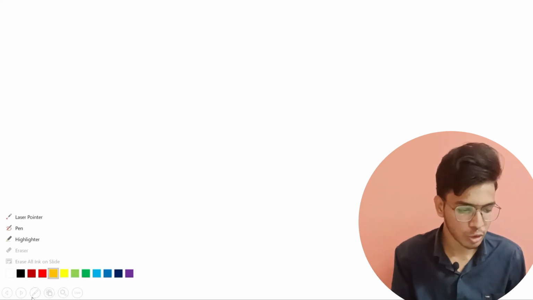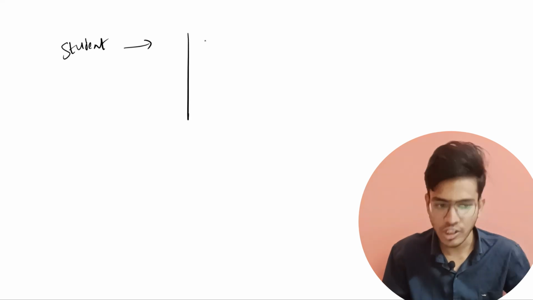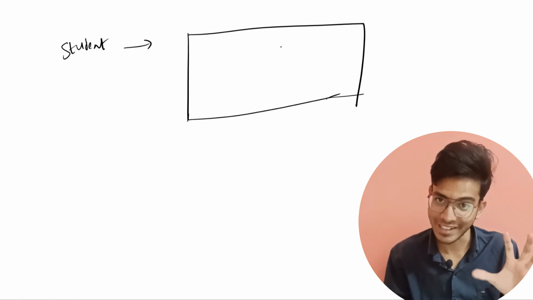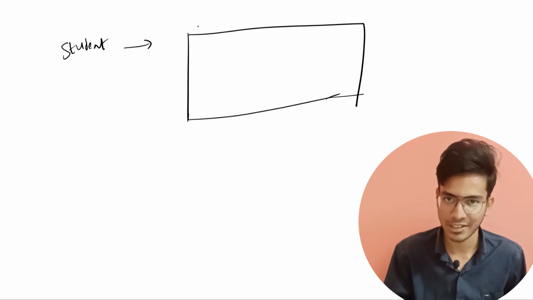In this session I am going to create a database. Let's say the database name is student database. In that I will create a table. The diagram might be a little bit weird and not good, but the concept is going to be really crisp and clear.